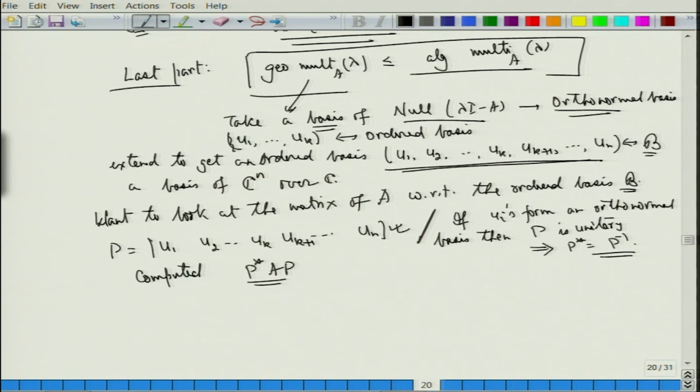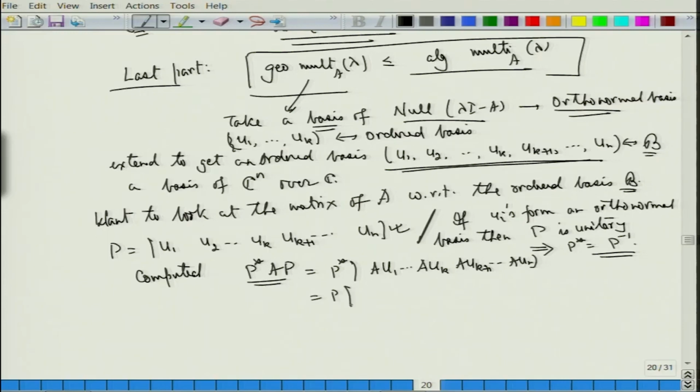Is that okay? So we had this idea that P star is the same as P transpose, not inverse. It's not only that, it is unitary. So P star is P inverse, all right, fine. And then from there we wrote it as P star, and we put A inside, so we got A of U1 till A of UK, A of UK plus 1 till A of UN.